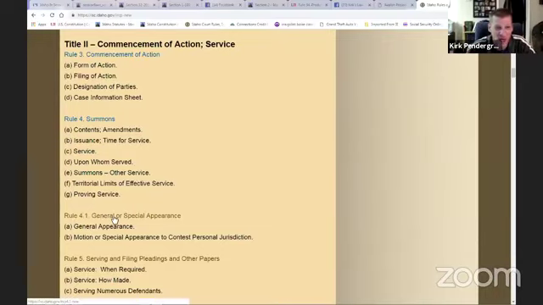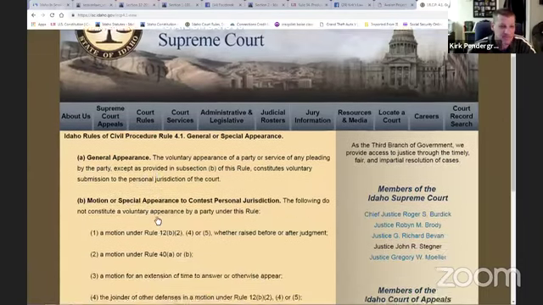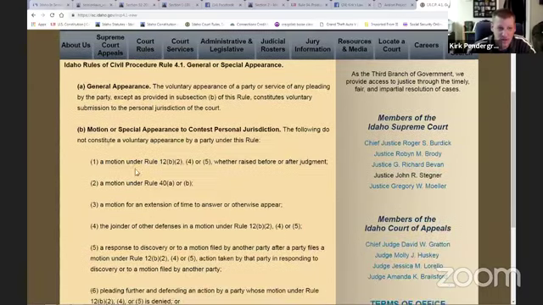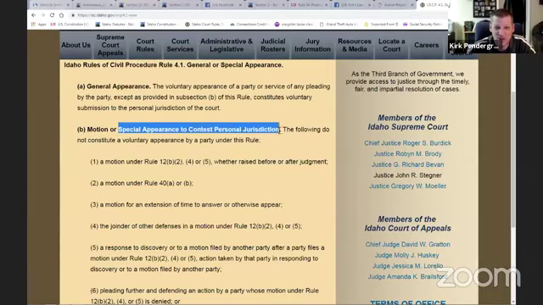Rule 4.1, this is just the civil, because this is a civil thing. General or special appearance. Okay. Special appearance to contest personal jurisdiction, right here in my own Idaho rules of civil procedure.